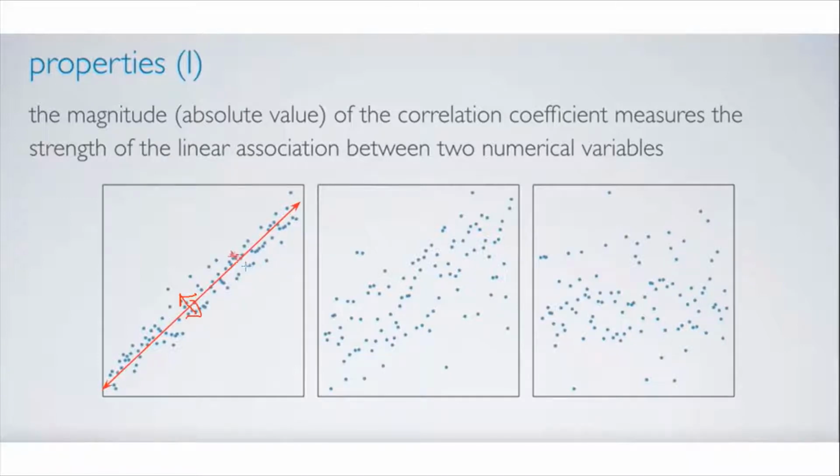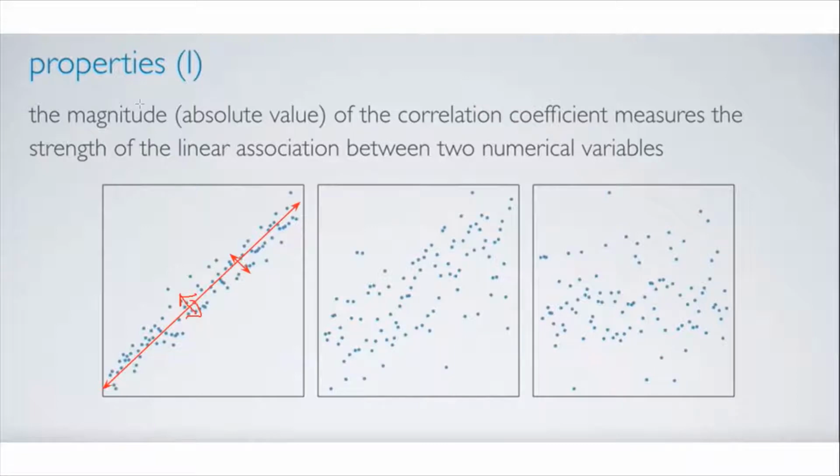You can see that the variability is quite narrow, and the points fall quite nicely along the line. So we can say that this is a very strong association between two variables. This is a positive association.